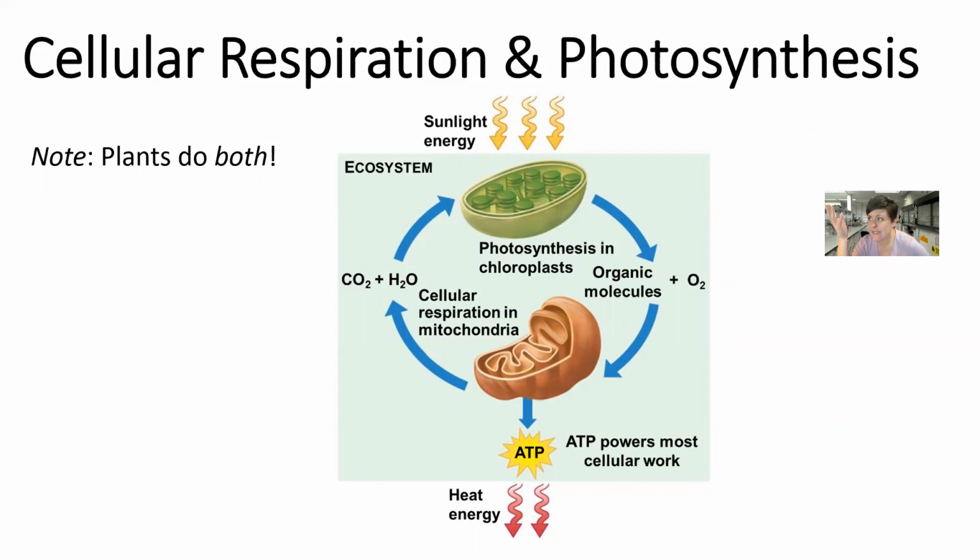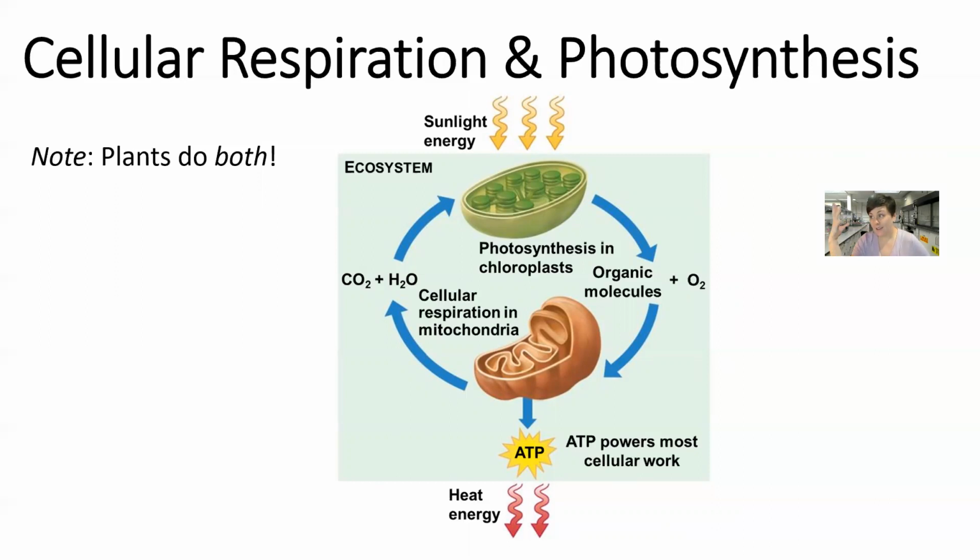So in plants, where you have a chloroplast, just because you have a chloroplast does not mean you don't have a mitochondria. So plants actually have to do both of these. Plants have both chloroplasts and mitochondria, because plants have to absorb light from the sun to generate their sugar, and then can use that sugar to create ATP via cellular respiration.